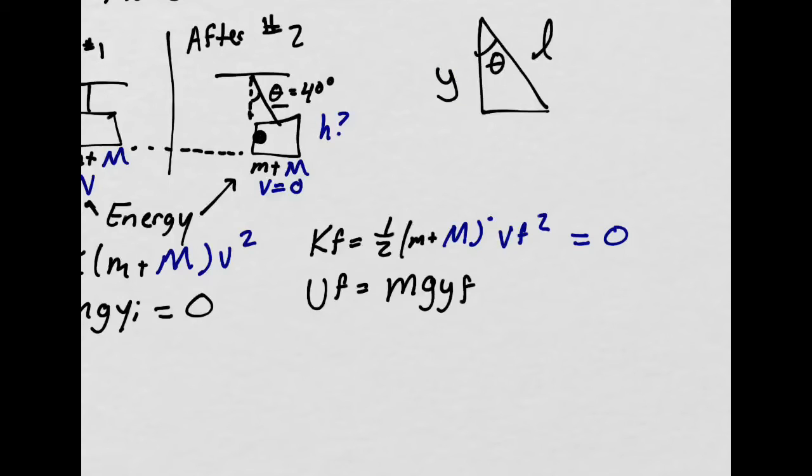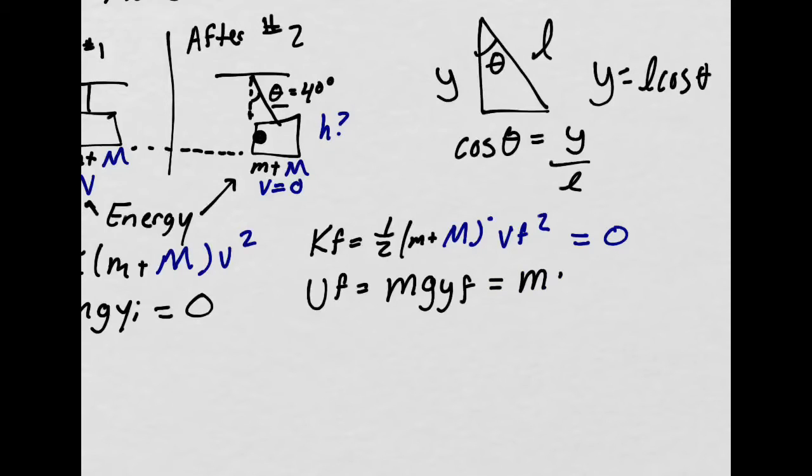So this is adjacent, so cosine of theta is equal to y over L. So y is equal to L cosine theta. So this guy down here becomes mgL cosine theta. L is known, theta is known, m and g is known. So all of this is known.